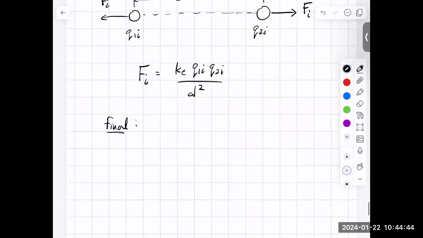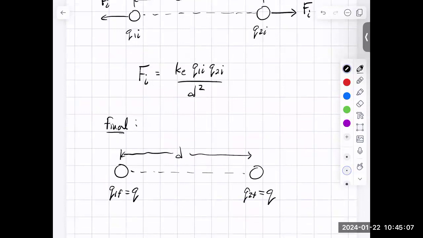So in the final situation, we're going to have our two spheres. We'll call Q1 final, but I'm just going to say that's equal to Q. And Q2 final is also equal to Q. So the charges are the same after they're connected by the wire. This is still D. And so now we have a new repulsive force.